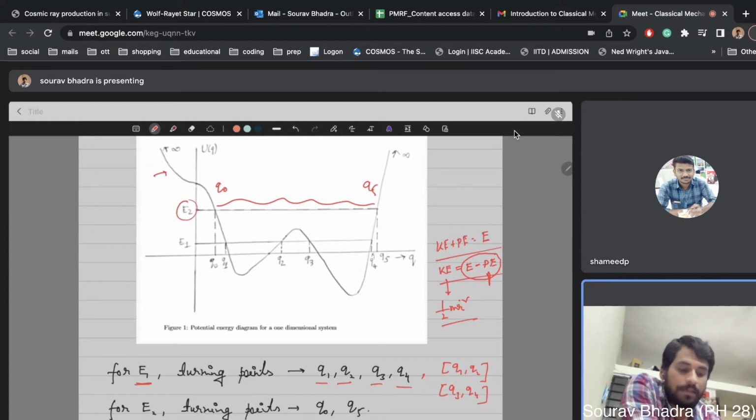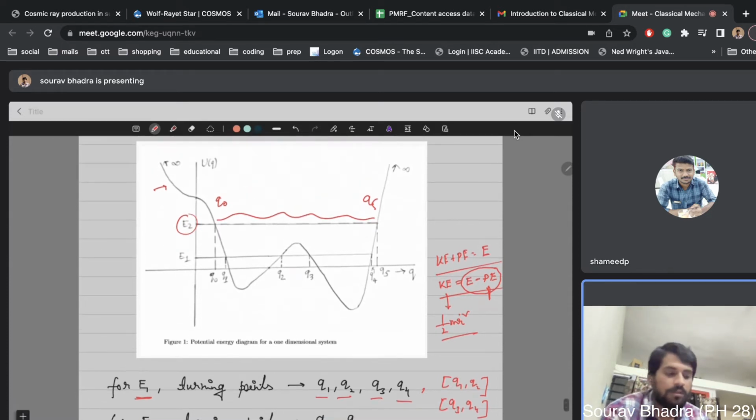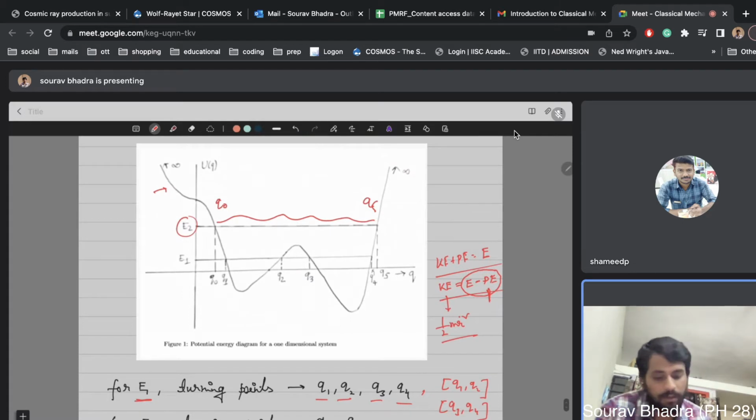So the particle can be anywhere between the Q0 to Q5 range. It doesn't have any region where it cannot go, like the particle with energy E1. So for E2 total energy, the turning points are Q0 and Q5, and the particle can stay anywhere between Q0 and Q5. This is a very easy thing, you have done it also, I think.